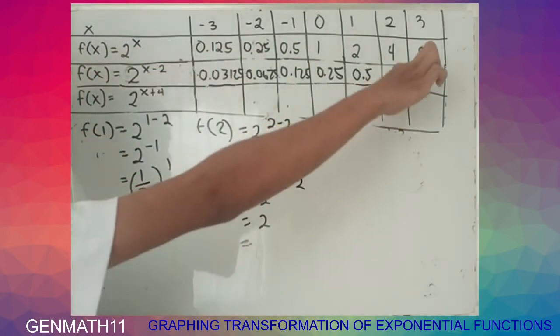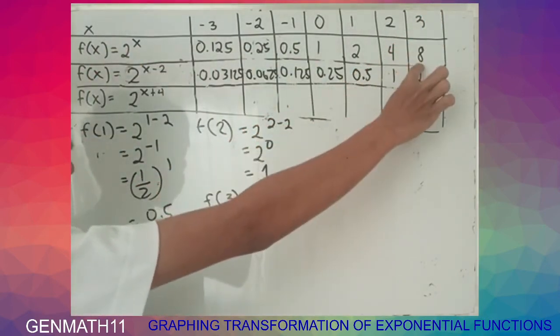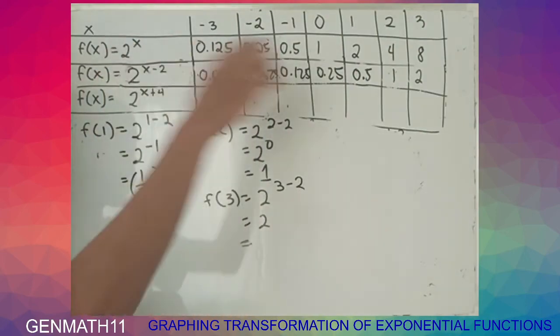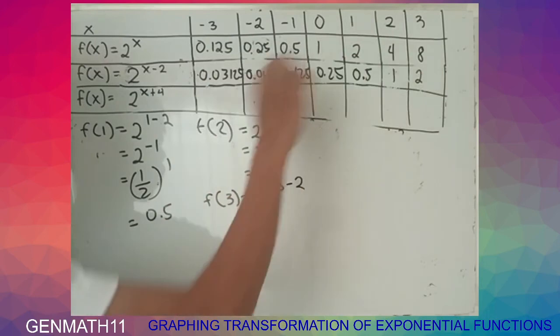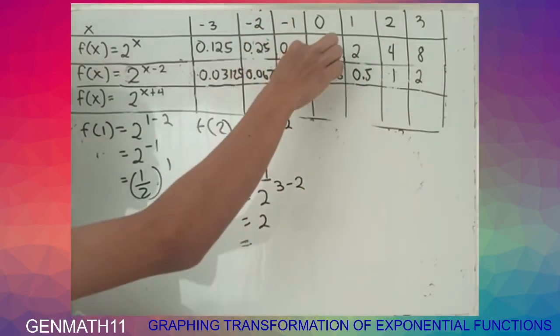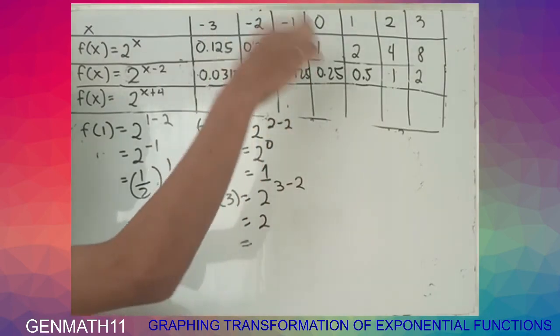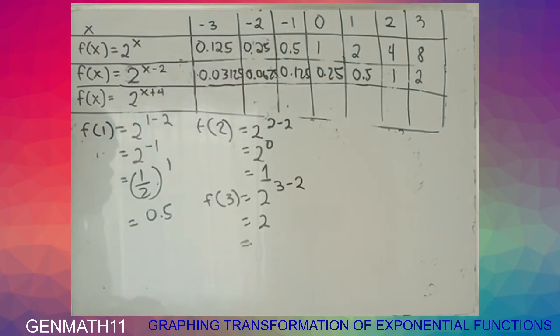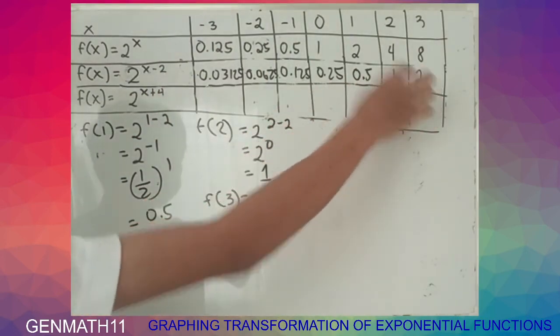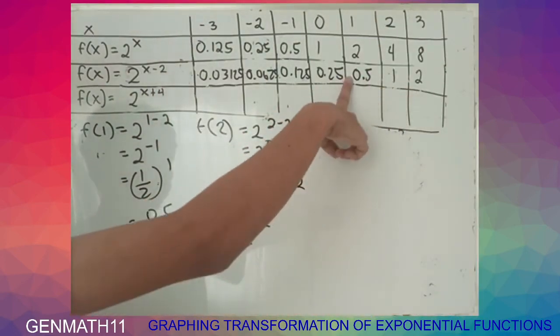Kunwari, magsimula tayo dito sa 8. Dahil ito ay base 2, hahatiin mo lang siya. 8 divided by 2, ang sagot ay 4. Divided by 2, 2. Divided by 2, 1. Divided by 2, 0.5. Divided by 2, 0.25. Divided by 2 is 0.125. Ganun din dito sa kabila. 2 divided by 2, 1. Divided by 2, 0.5.